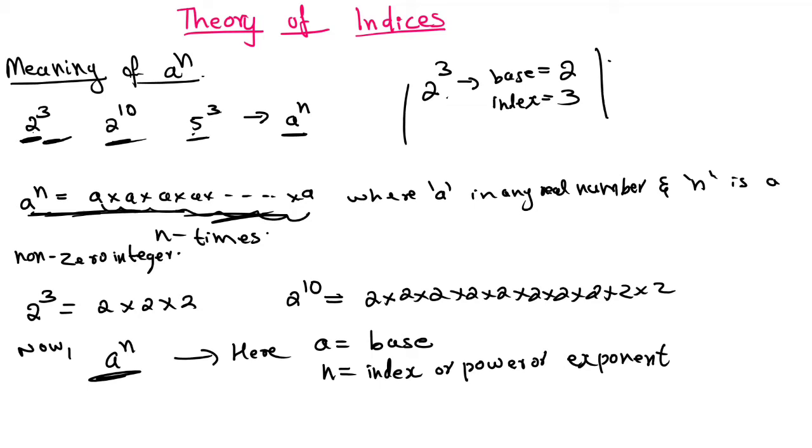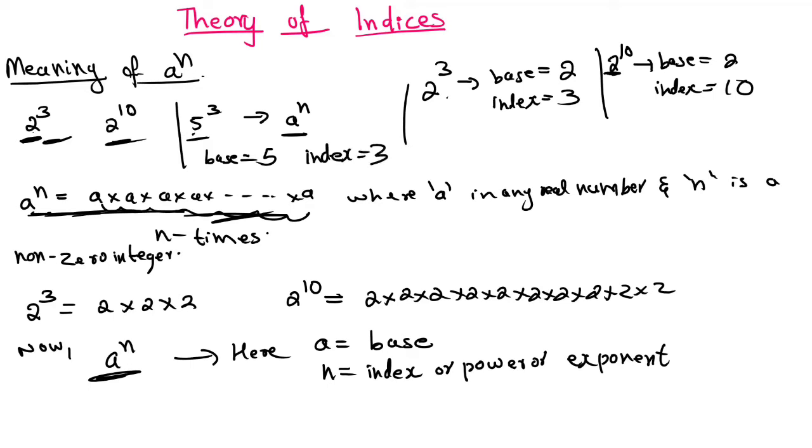In the second example, 2 to the power 10, the base is 2, and the index, which is nothing but the power, is 10. In 5 to the power 3, the base is 5 and the index is 3. Clear? In a to the power n, a is called the base and n is called the index or power or exponent.